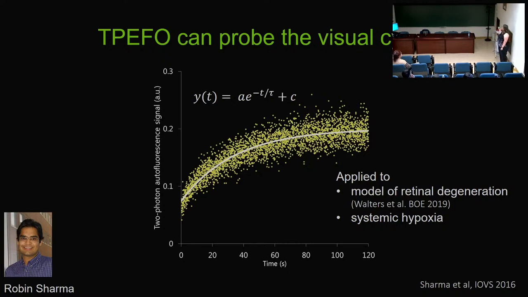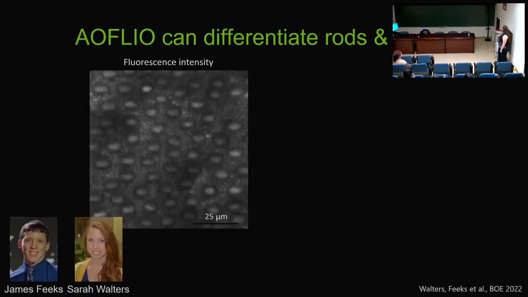Particularly, this is data from rods. We applied this to a model of retinal degeneration, where we could see that this response completely disappeared. We also looked at a model of systemic hypoxia, where if we made our monkeys hypoxic, we could see a slowing of the response and the slowing of these curves. But I'm not going to talk about the intensity work. I just wanted to introduce it because it does probe the visual cycle in that way.